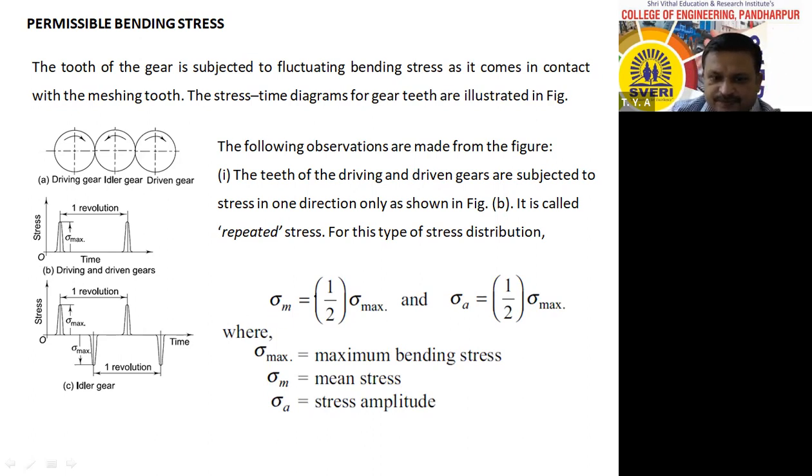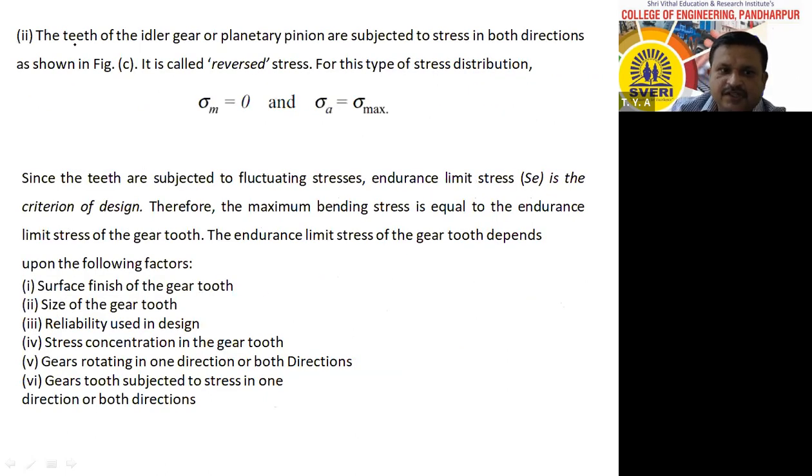Therefore, the teeth of the idler gear or planetary pinion are subjected to stress in both directions. This is positive as well as negative. As shown in figure C, it is called reversed stress. For this type of stress distribution, sigma mean is equal to 0 and sigma A is equal to sigma max.